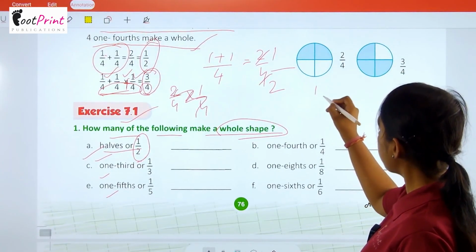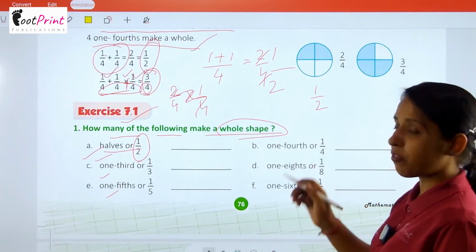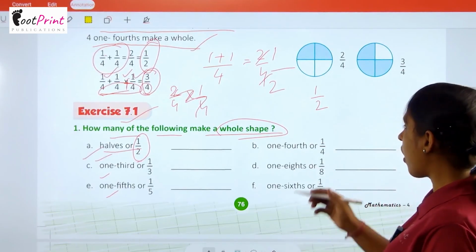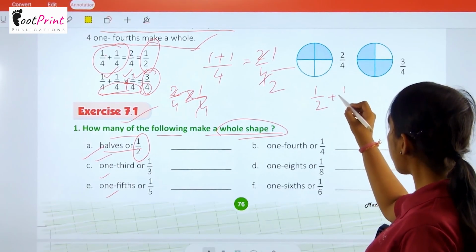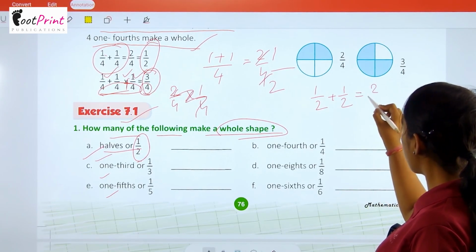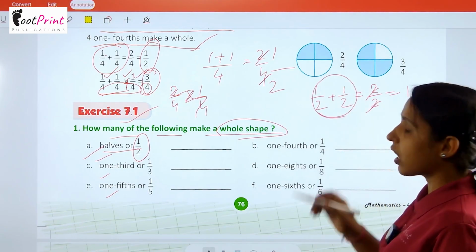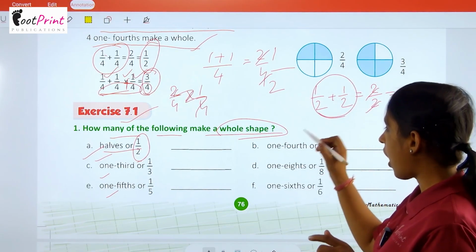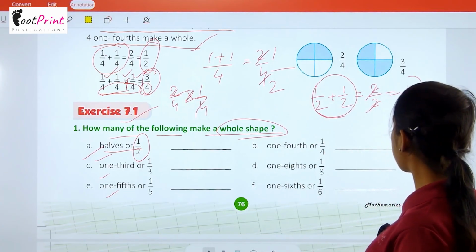We can write 1/2 like this, and we know that if we want to make a whole shape, how many 1/2 do we want. So 1/2 and 1/2, it will become 2/2, that is 1.